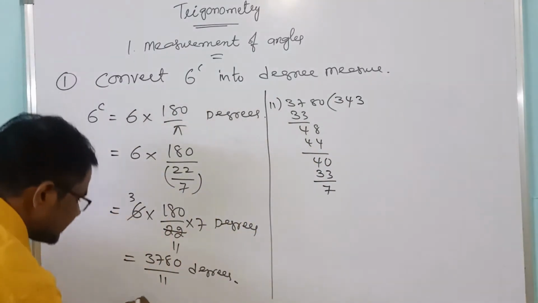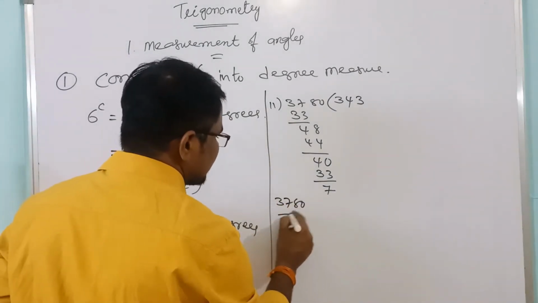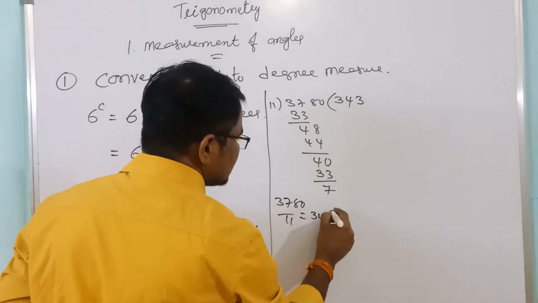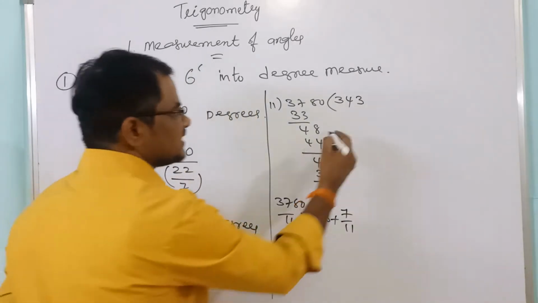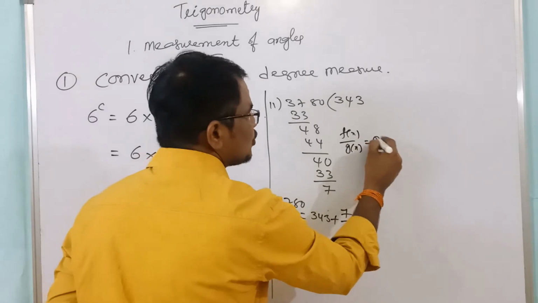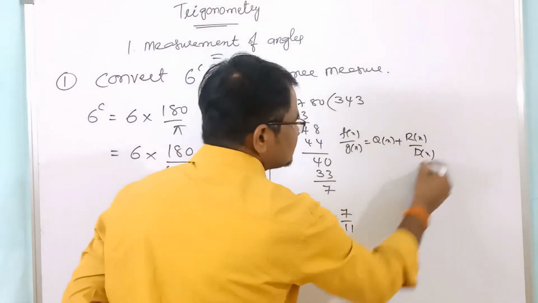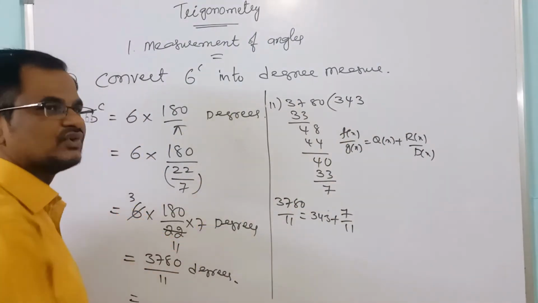So this 3780 by 11 can be written as 343 plus 7 by 11. Can you write? By this formula: f of x by g of x equals quotient plus remainder by divisor. If you simplify again, this one only you will get.